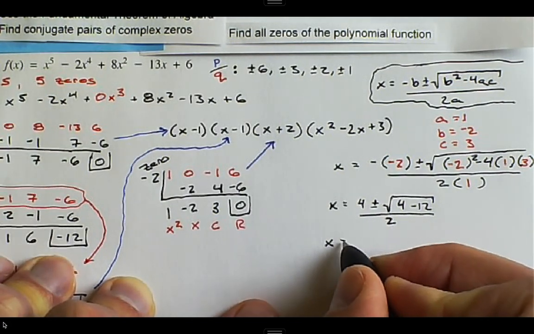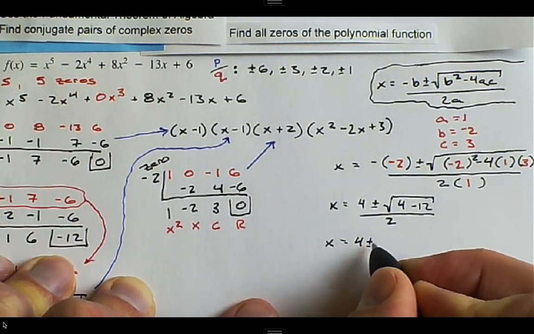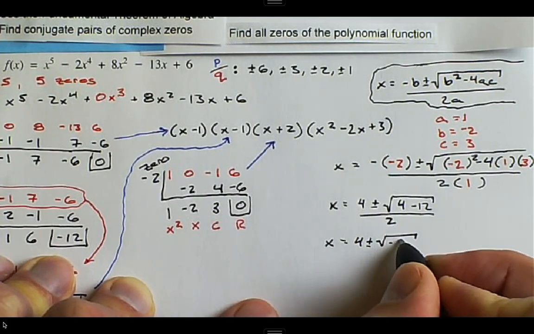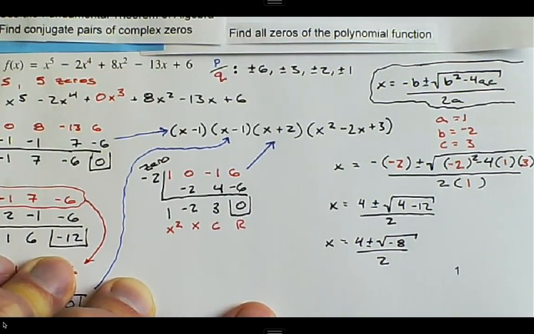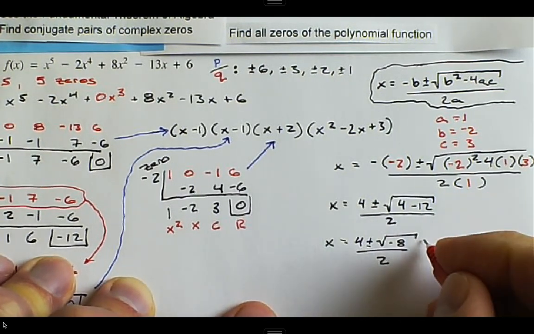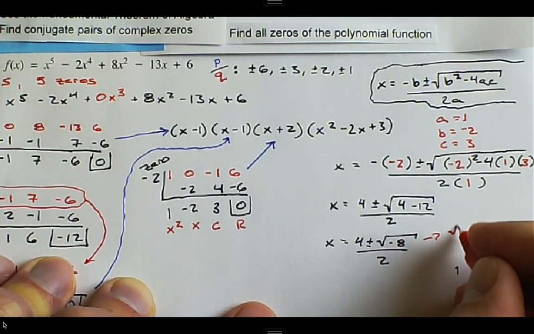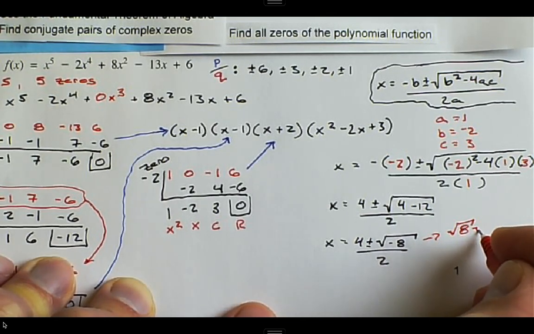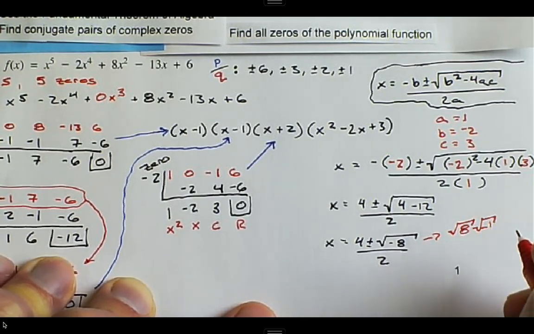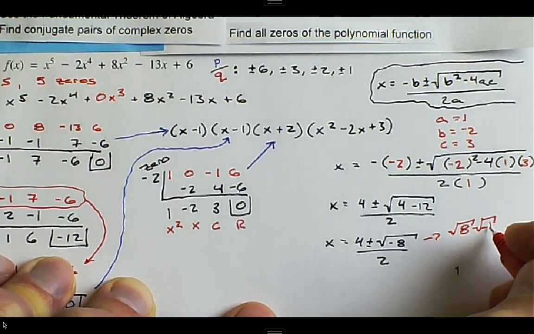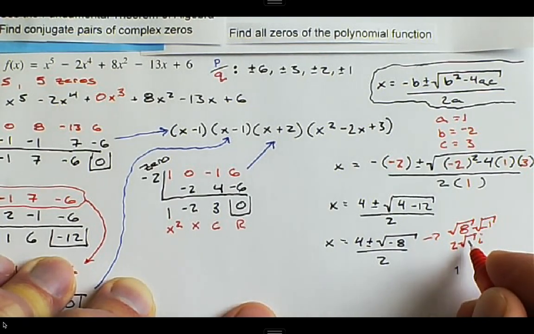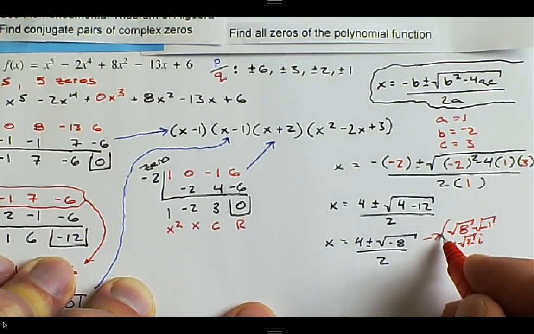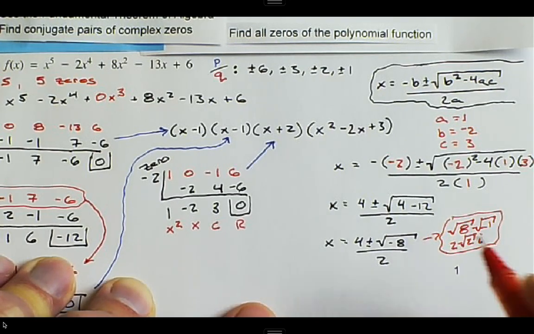So x equals 2 plus or minus the square root of negative 8 all over 2. Now we can simplify, rewrite our radical. We can rewrite it as the square root of 8 times the square root of negative 1. And we know that the square root of negative 1 is i, and we can simplify the square root of 8 as 2 times the square root of 2. And so that's how we can simplify this radical here.